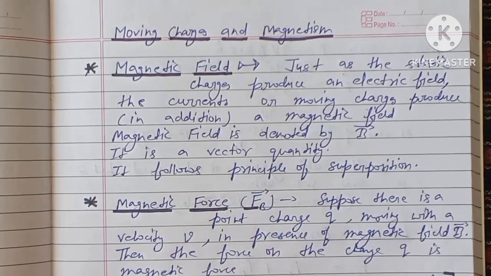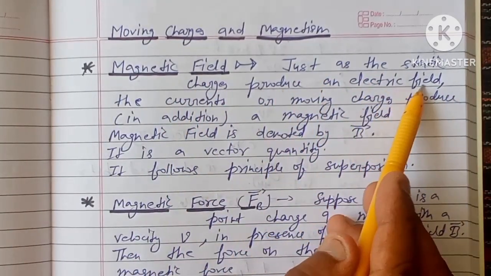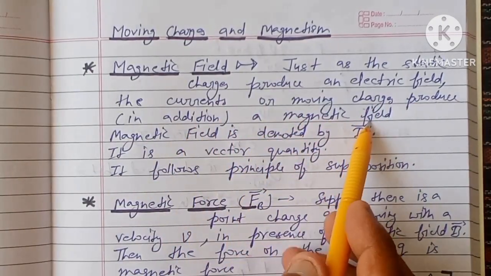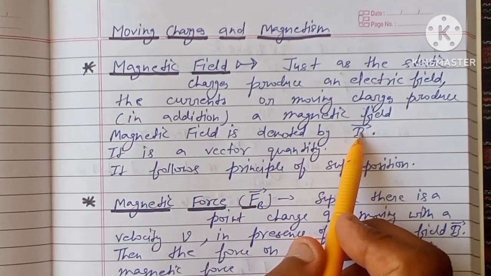So let us understand the magnetic field. Just as static charges produce an electric field, currents or moving charges produce in addition a magnetic field. The magnetic field is denoted by B vector. Very important.